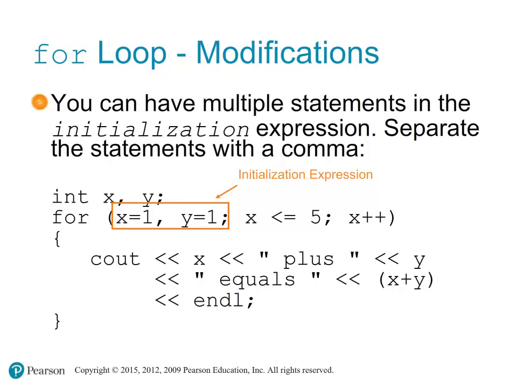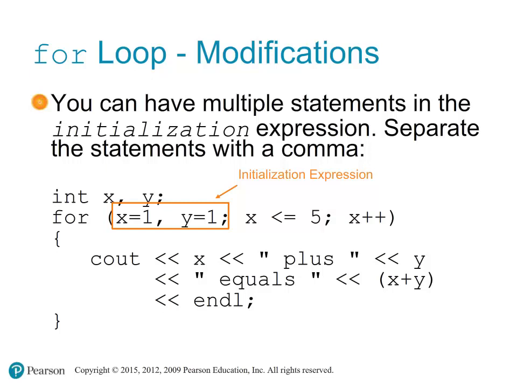Multiple initialization statements can be included in the for loop header, separated by commas. For example, for x equal 1, y equal 1, semicolon, x less than or equal to 5, semicolon, and x plus plus. In this example, 2 integer variables x and y are declared before the loop. The for loop initializes both x and y to 1.